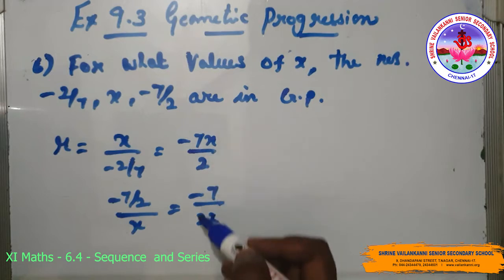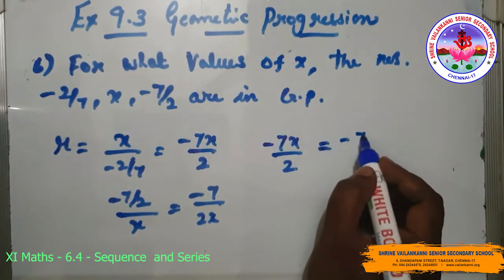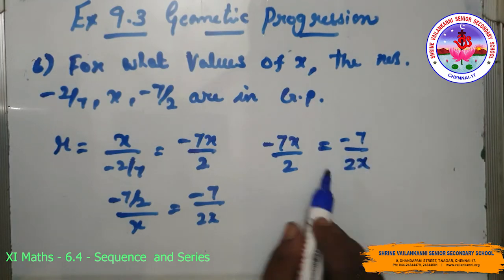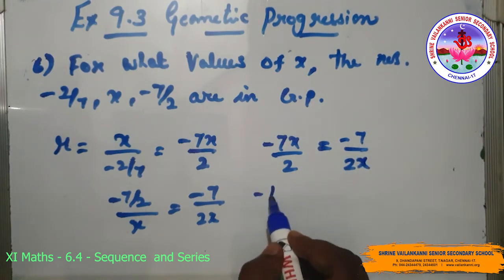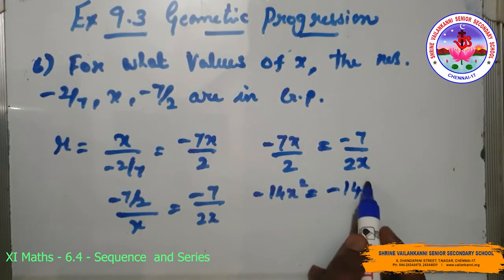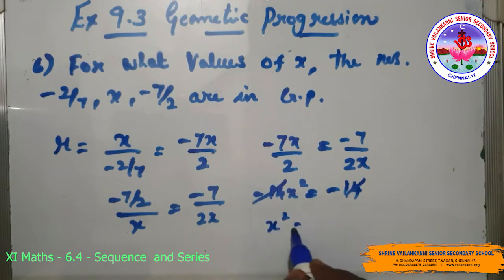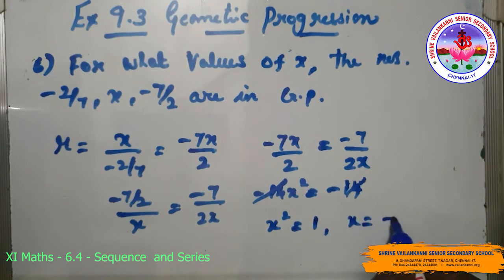Equating these two, minus 7x by 2 equals minus 7 by 2x, so minus 14x square equals minus 14. Cancelling minus 14, x square equals 1, so x equals plus or minus 1. Therefore, for x equal to plus or minus 1, the given numbers will be in GP.